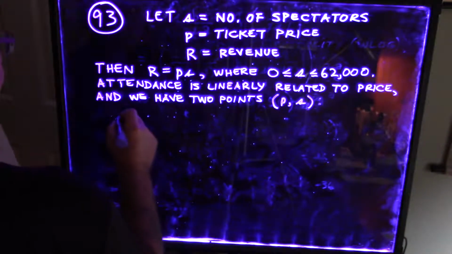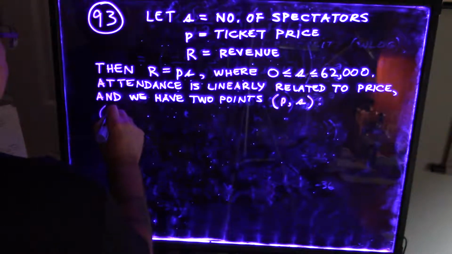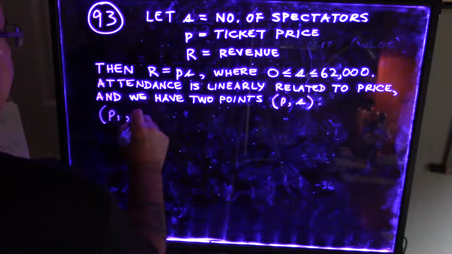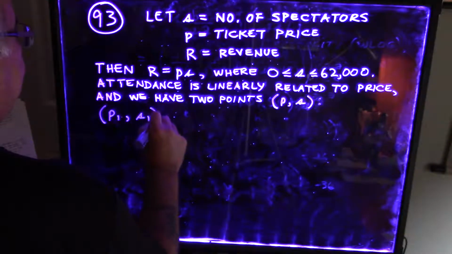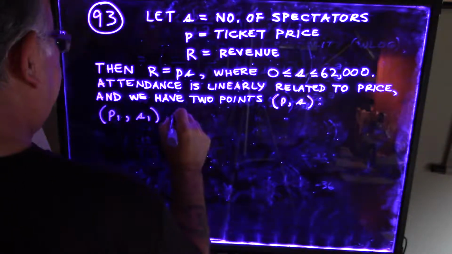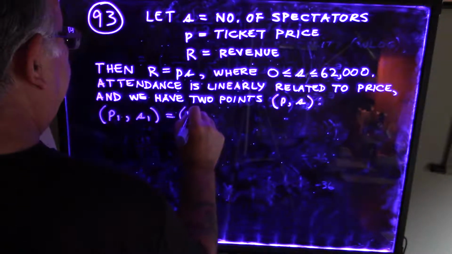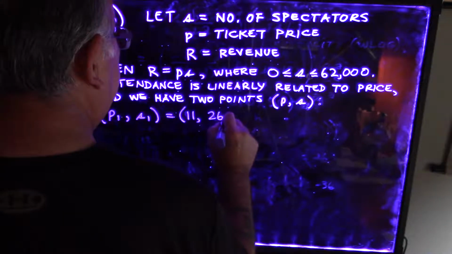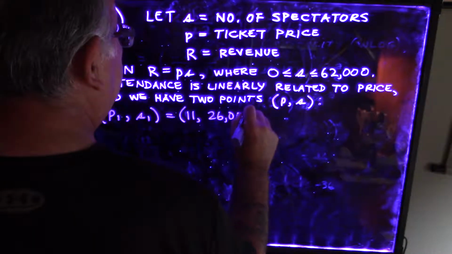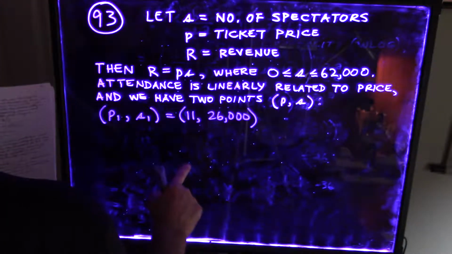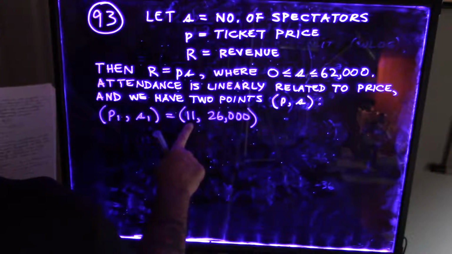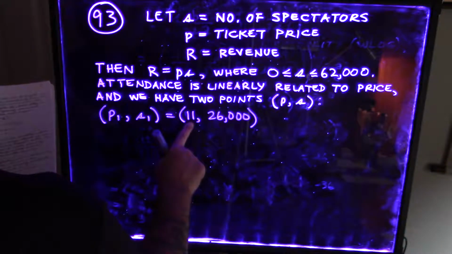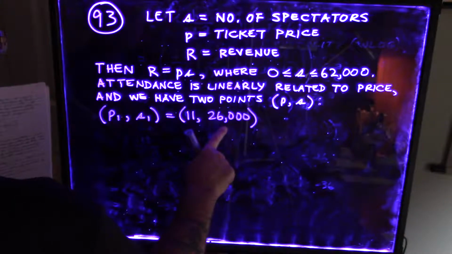Number of spectators depends on price. Okay, so we have 2 points, PS. I'm going to call them P1, S1 and fill in the details. P1, S1 equals 11 and 26,000. So they told us that when the price was $11, the average attendance was 26,000.